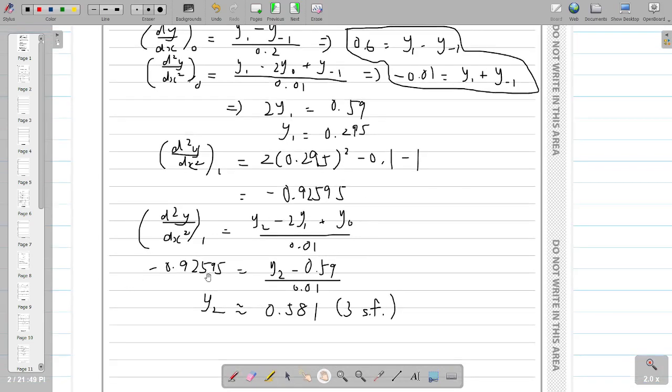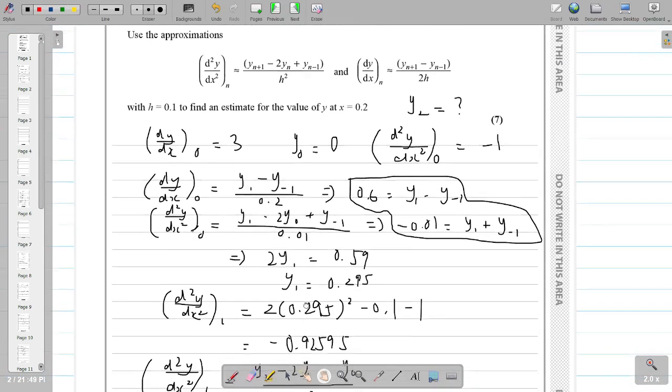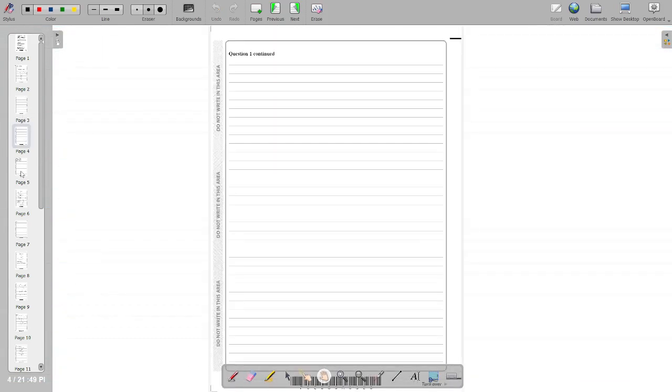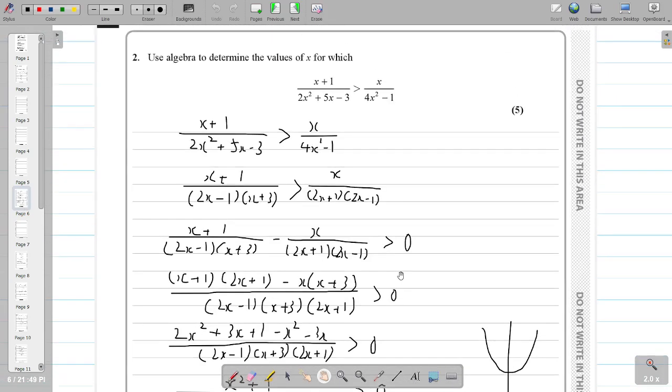So we substitute all the values in, and then we obtain y sub 2, which is basically what y at x equals 0.2 is. And that is the entirety of the first paper of Further Pure Mathematics 1 by Edexcel for the May-June 2020 paper. All right.